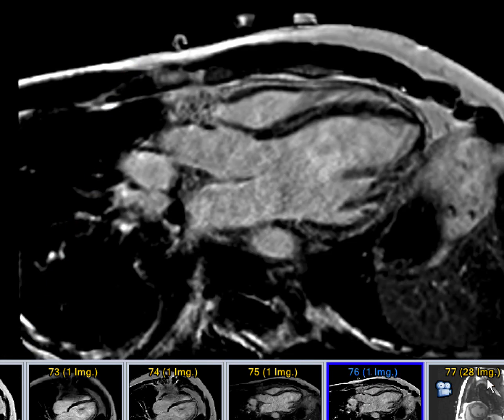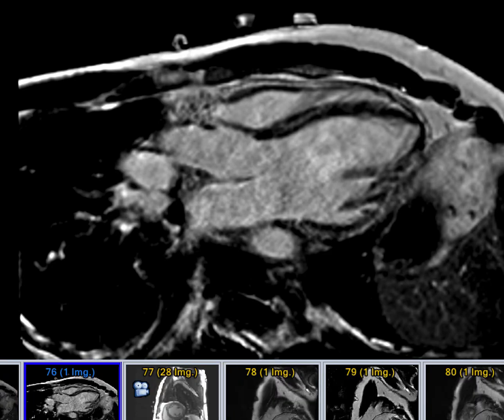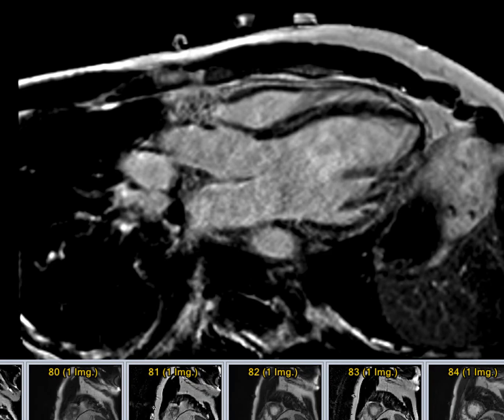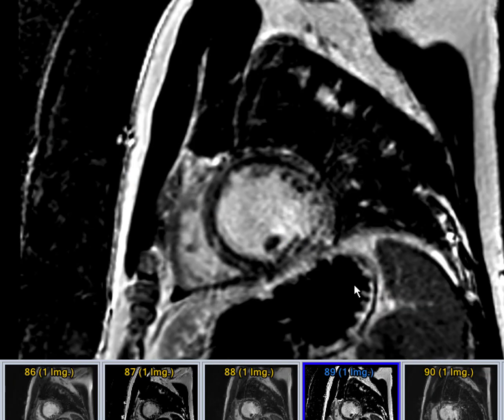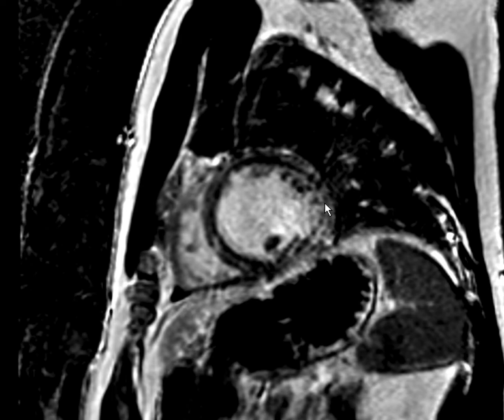So for example, this is a 3-chamber view, so we could see the mid-wall and the subepi enhancement. So still we have myocarditis in the differential diagnosis, and sarcoidosis, or one of the left ventricular arrhythmogenic cardiomyopathies.